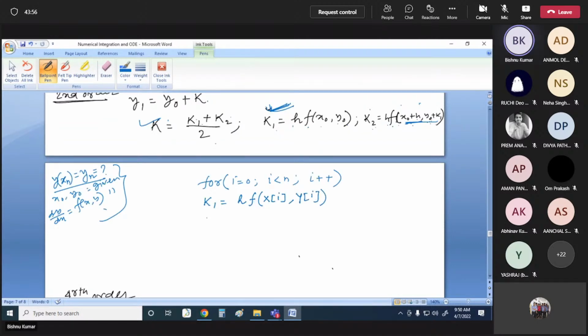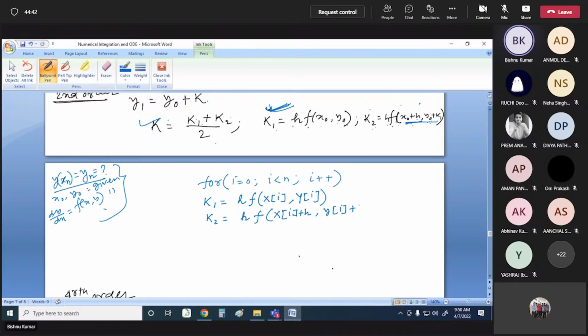Then I am calculating k2, that will be h f of xi plus h, yi plus k1. k1, k2 clear? You may calculate k equals the average of these two k. That several variable function you have to define within the program or in the header also. So obviously this will be calculated numerically nicely. After getting k1, k2, you just calculate k, the average of these two k.